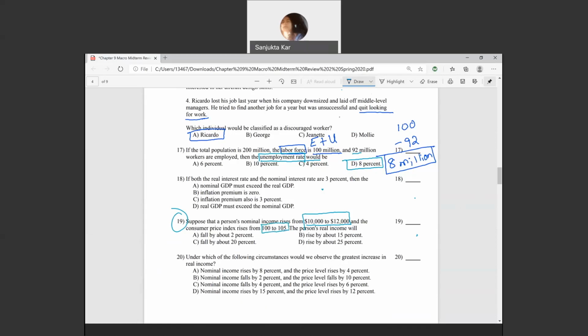The percentage change in real income equals the percentage change in nominal income minus the inflation rate.